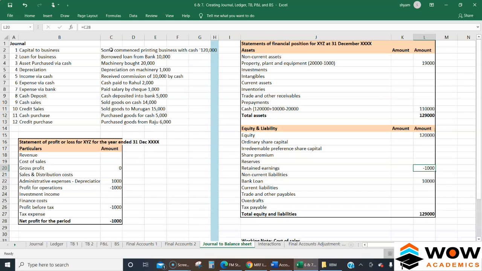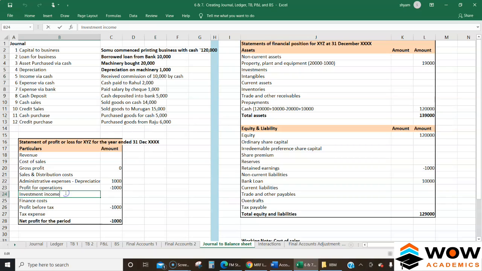So up to four items are now done. We'll go to received commission, cash of 10,000. When you receive a commission, you are getting cash, so you can add it. If you add it, it becomes 1,20,000. Commission is an income, which has to be shown in the SOPL.